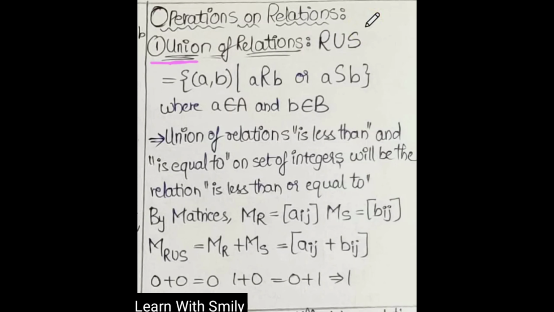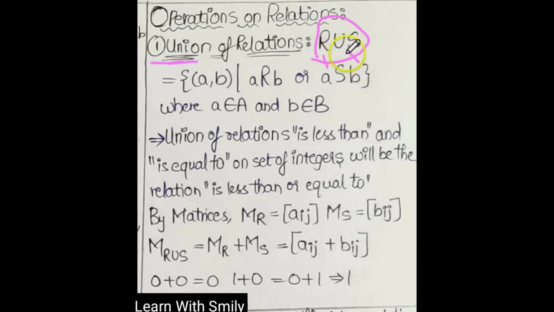Next topic is operations on relations. It is similar to operations on sets. Coming to the first operation, that is union of relations. Here it is represented as R union S, where R is one relation and S is another relation.